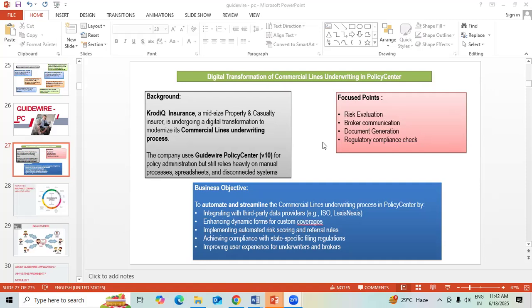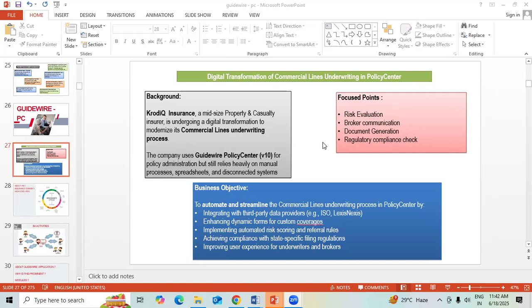When you explain the background in your own way, we must focus on the focused points, whatever the focused points are as a BA, based on the stakeholder interaction or stakeholder identification that we have made. The focus points are based on the observation, based on the business situation, interacted with a couple of stakeholders. So the focused points are four.